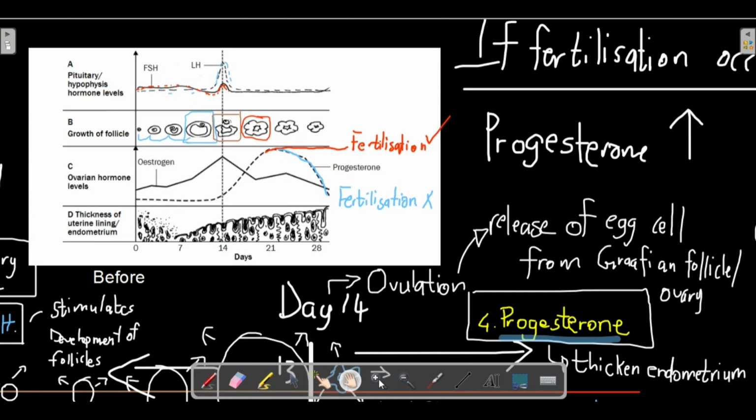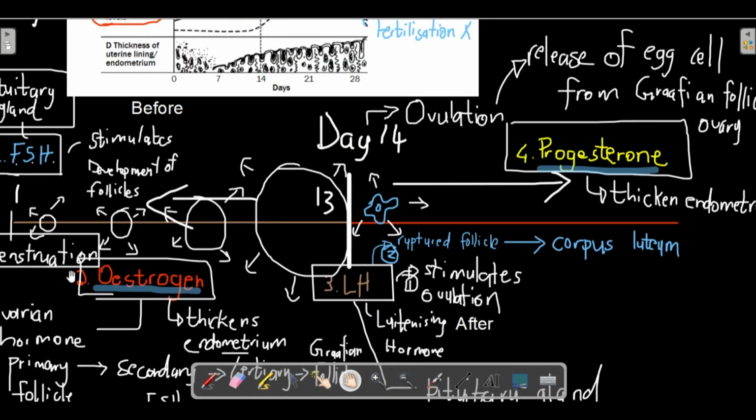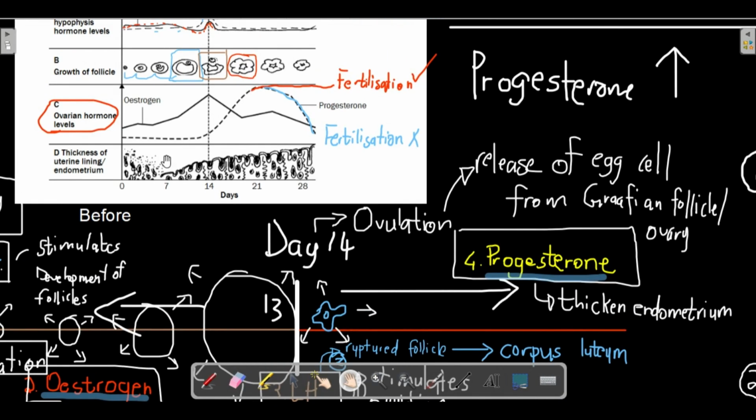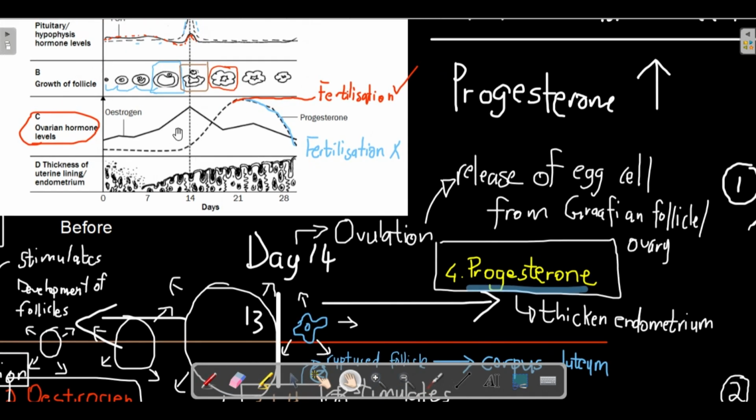If you also take a look here, if you focus on ovarian hormone levels, you'll find out that the estrogen increases prior to day 14 and of course is highest on day 14 because it's produced by these follicles, and as these follicles get bigger and bigger they produce more and more estrogen, and so that's why you see the highest estrogen just on day 14.